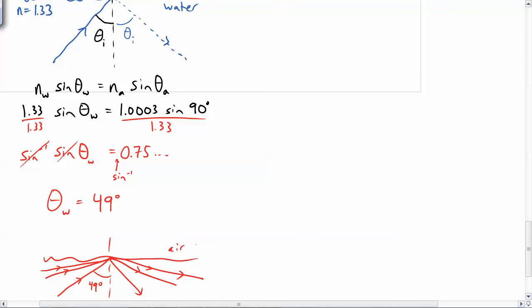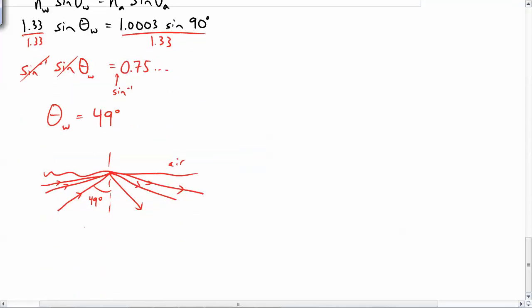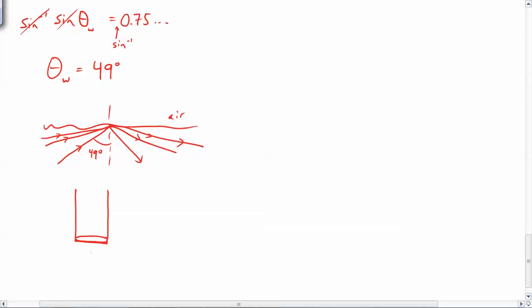You can kind of test this if you just take a glass of water, a nice glass. Well, actually, you can take an empty glass first and just sit it on a table, and underneath the table, or right on top of the table, put a penny. Okay, so you've got a glass, penny on a table.